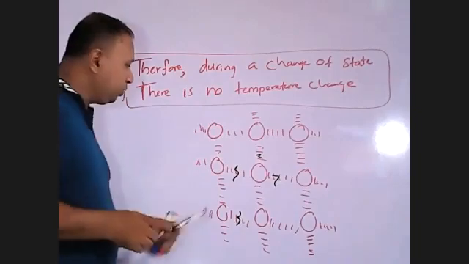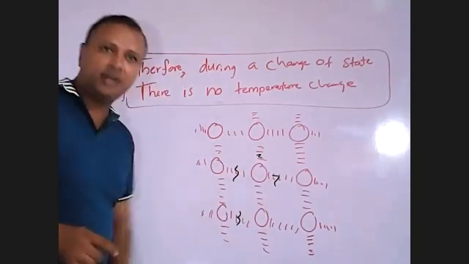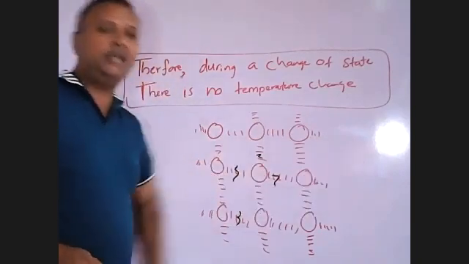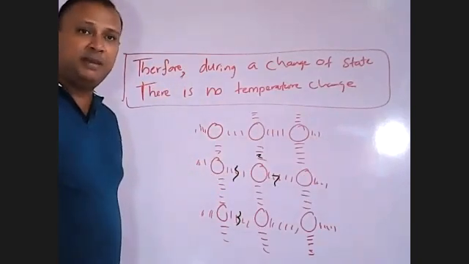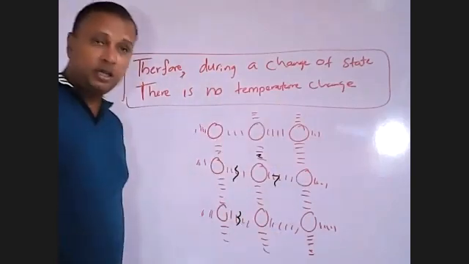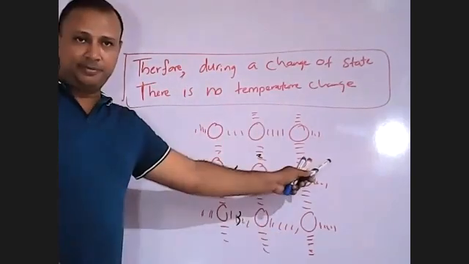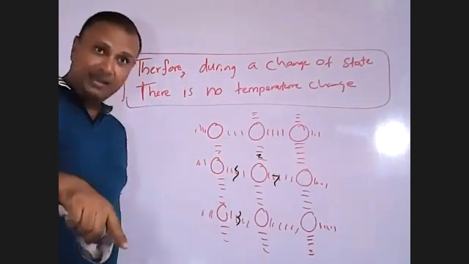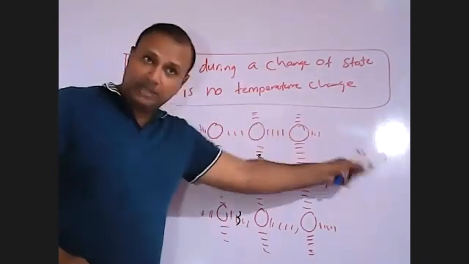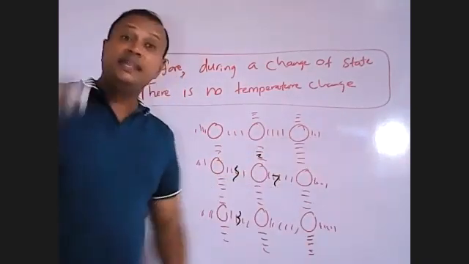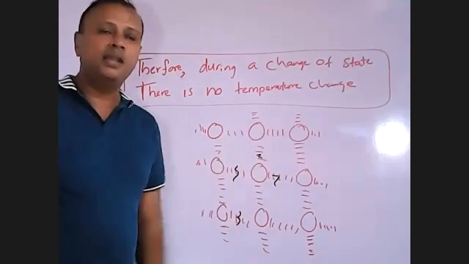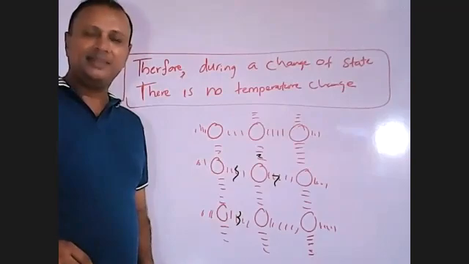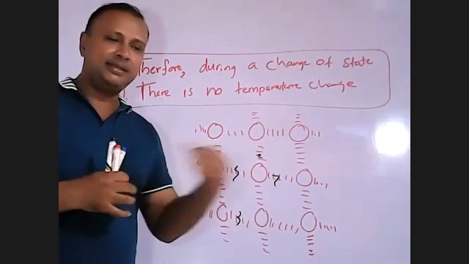Due to these broken bonds, the solid becomes a liquid. When a solid becomes a liquid, not all the bonds are broken. But when a liquid becomes a gas, then all the bonds will be broken, because in the gas state all the particles are free to move.